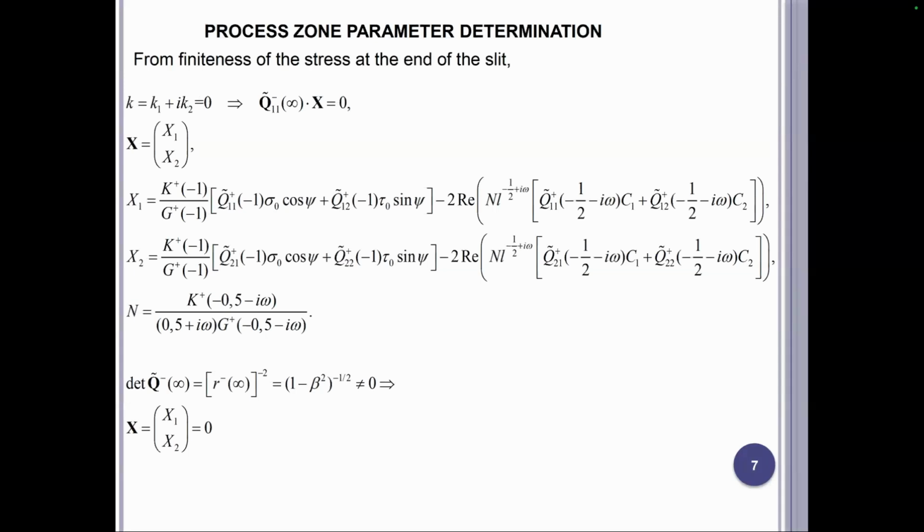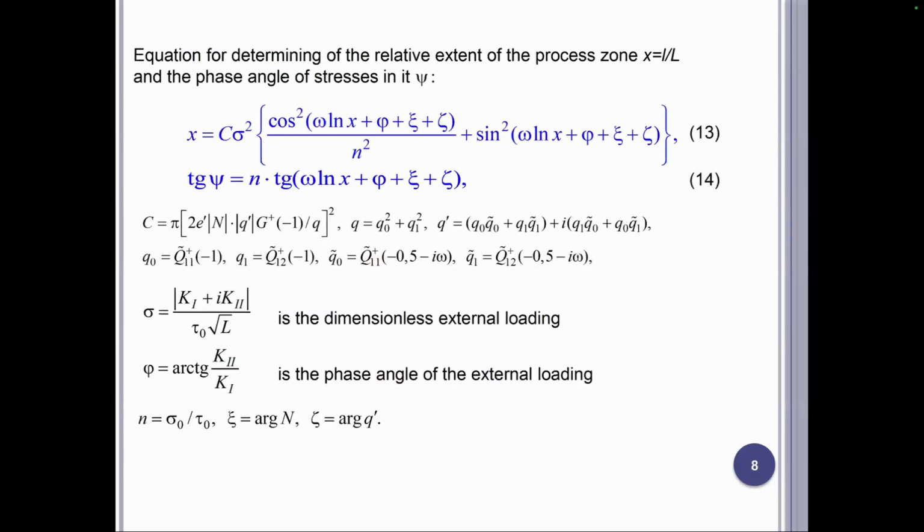So, after applying all these methods, we can use the complex function to obtain the solution through the formulas on slide 7. These governing equations are equations 13 and 14 on slide 8.